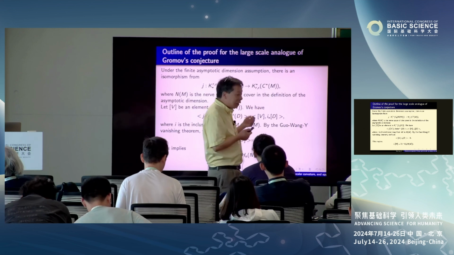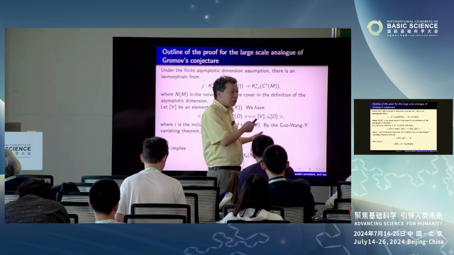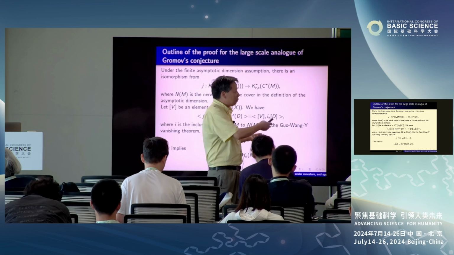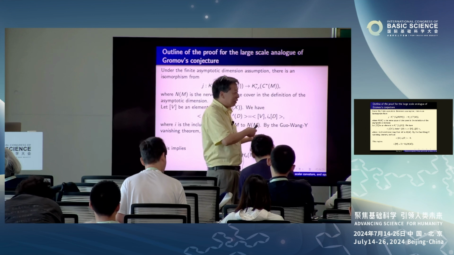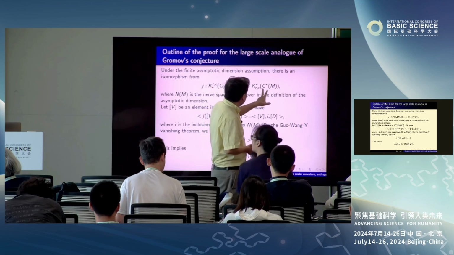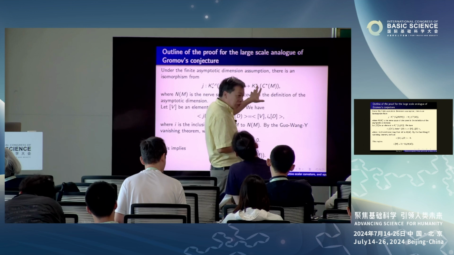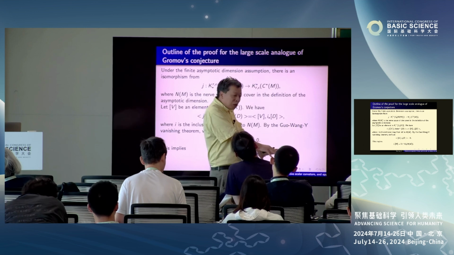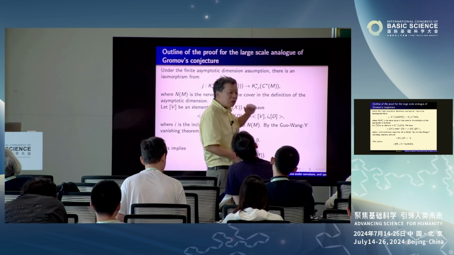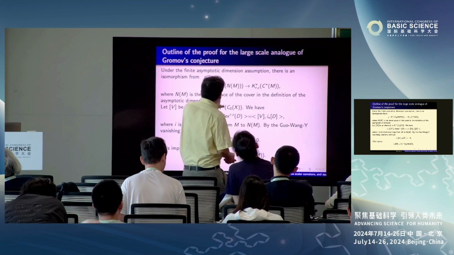We want to try to detect the higher index. One way of doing this is like particle physics, like building a supercollider. Instead of computing the higher index directly in K-theory, we build something in K-homology, then pair them up. If the pairing is non-zero, then you know the higher index is not zero. This was the approach we take.